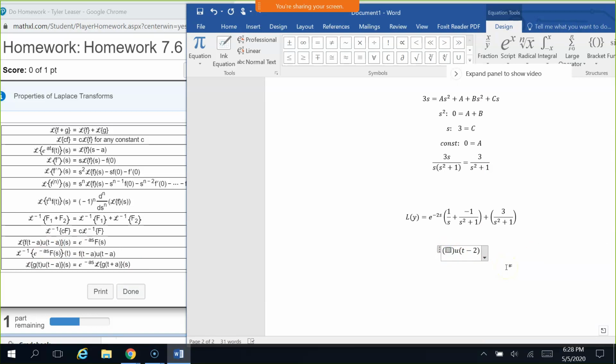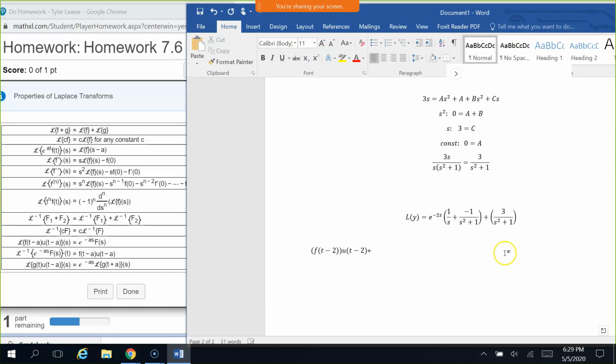Now, when I do find whatever the inverse Laplace of this stuff is, I need to make sure I substitute in t minus 2 into that inverse. That is not going to be the case for this one, though. This one is just whatever that inverse is. I'll just give it a different name, g of t.